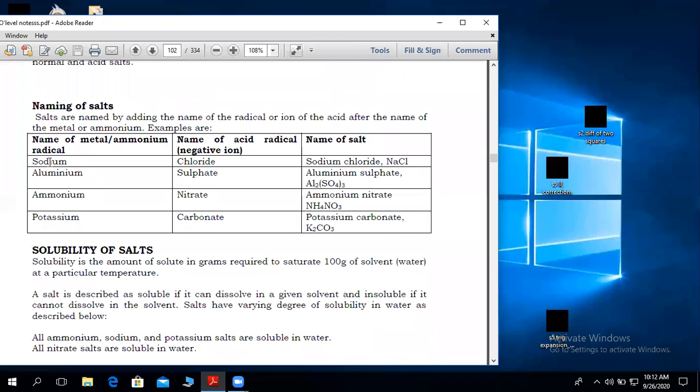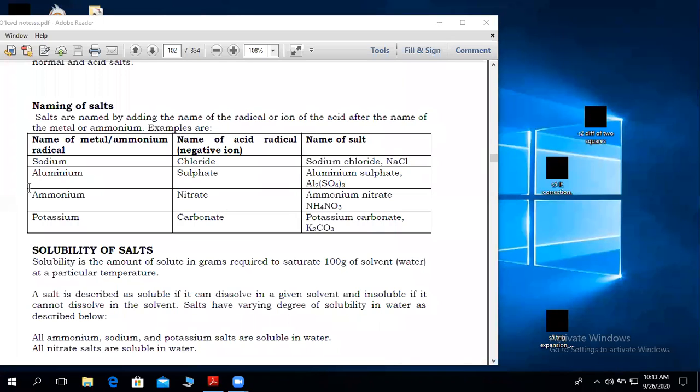For example, if we have a metal such as sodium and this is chloride, it means this chloride comes from hydrochloric acid. Sulfate comes from sulfuric acid. Nitrate comes from nitric acid. And carbonate comes from carbonic acid.